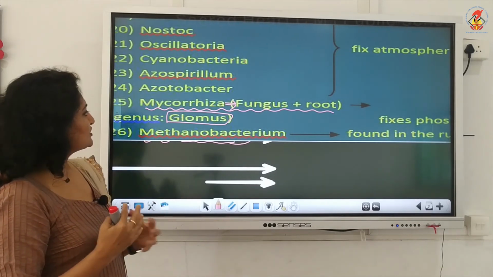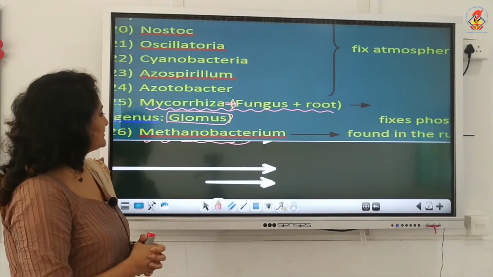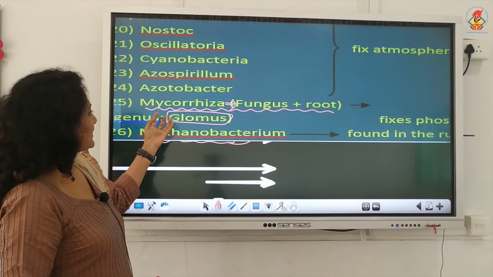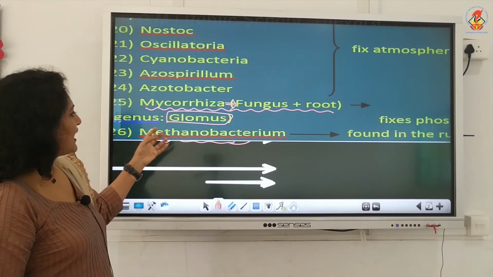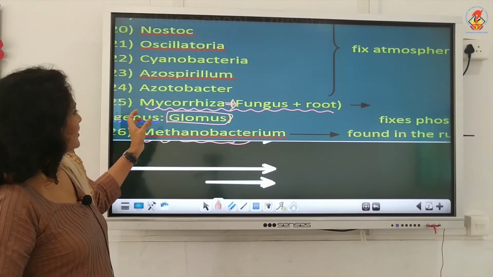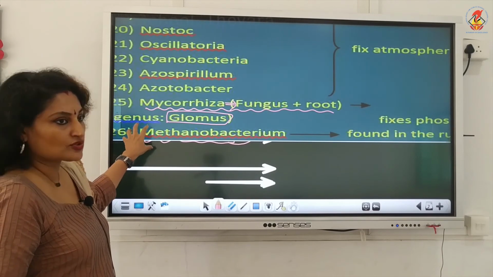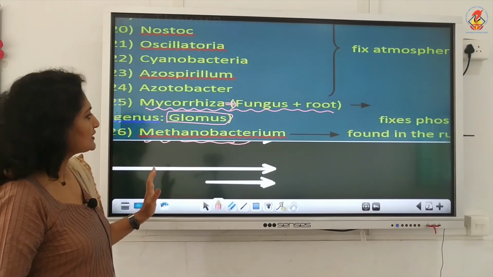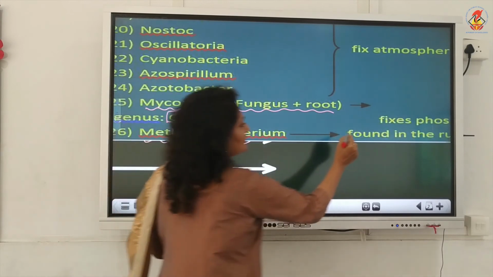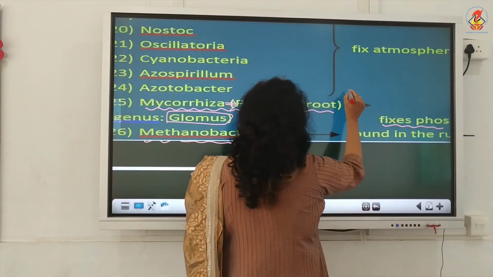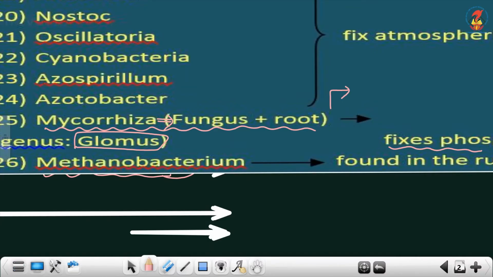Now this association is called mycorrhiza, and mycorrhizal association is very helpful, and it belongs to the particular genus called Glomus. And the advantage of this one, it fixes phosphorus. The basic advantage of why they are important, it fixes phosphorus.